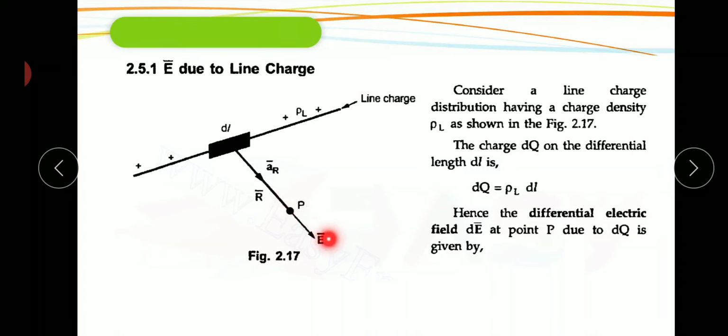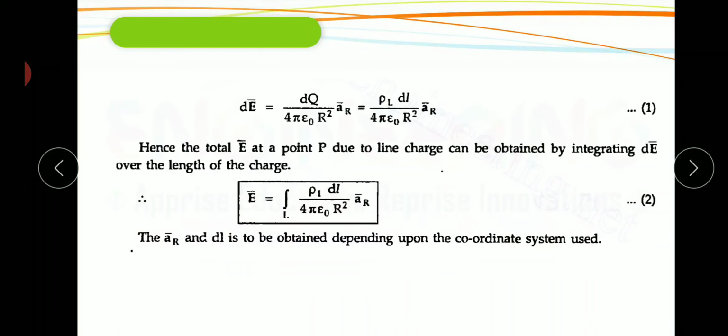Now this is the direction of electric field intensity at this point. The expression for the electric field intensity due to this smallest differential length, for a charge dq, is expressed as dE bar is equal to dq by 4 pi epsilon naught R square AR bar.